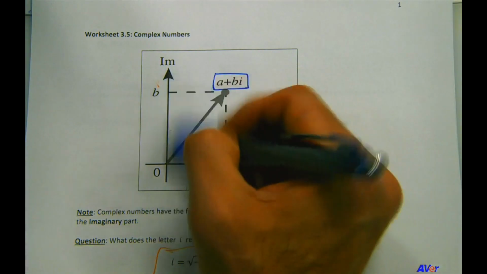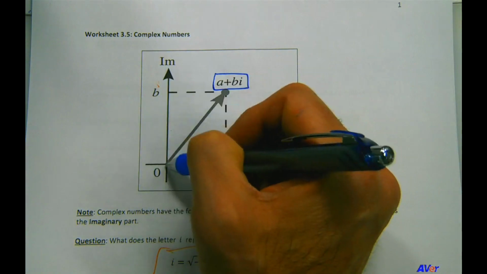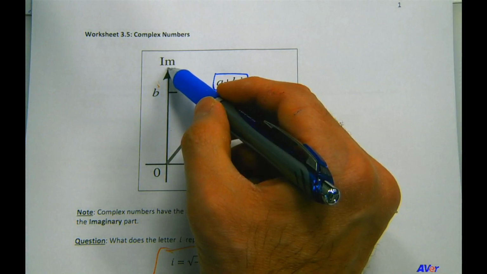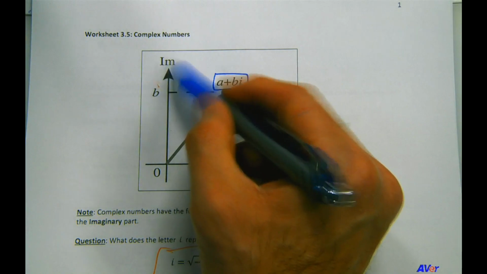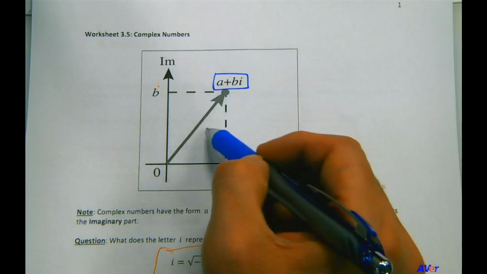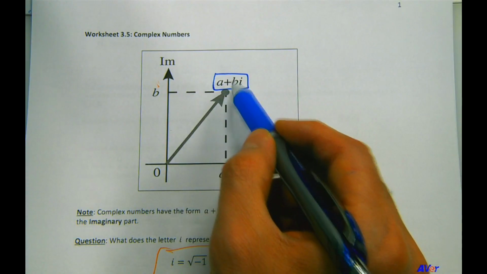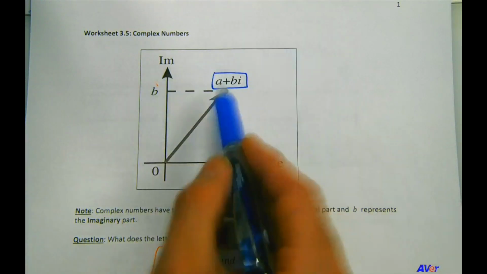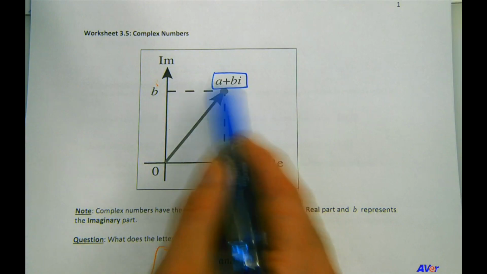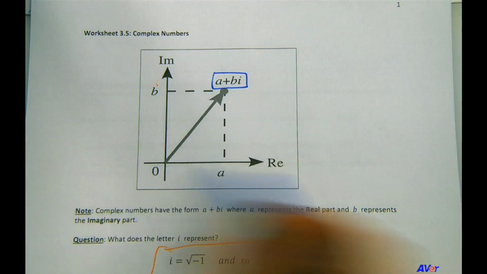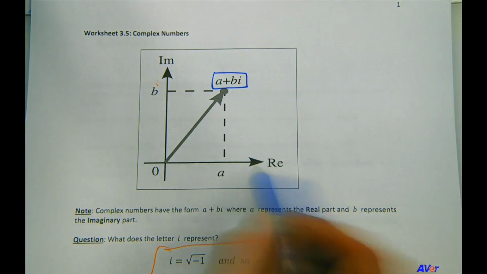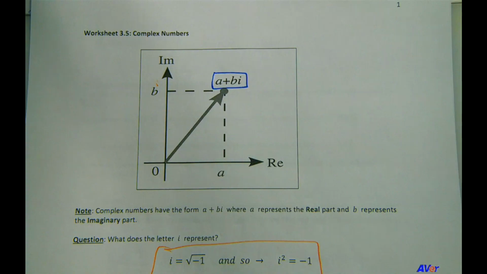And the vertical line, the y-axis, becomes the axis for the imaginary part of this complex number, which would be B. So B would plot along the y-axis, which is now the imaginary axis, and A, the real part of this complex number, would plot against the x-axis, currently known as the real number axis.